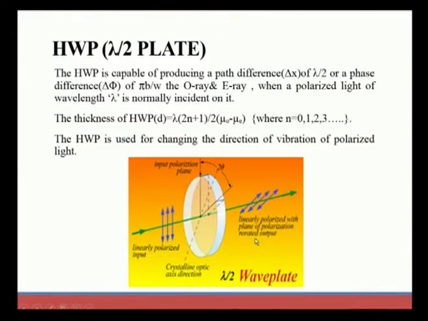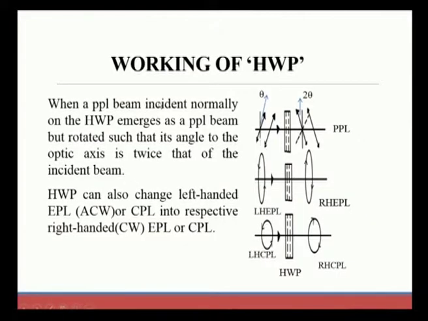The vibration in the output is different from the input. For QWP or HWP, we give plane polarized light as an input, and with the HWP we can change the plane of vibration in the output.